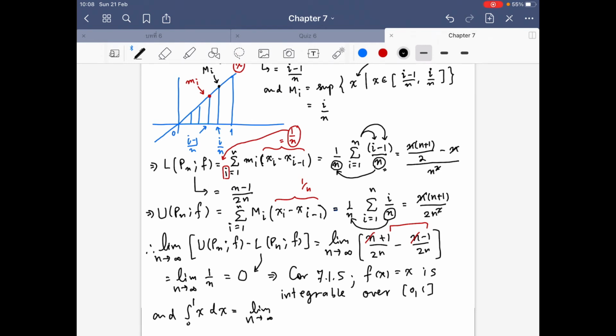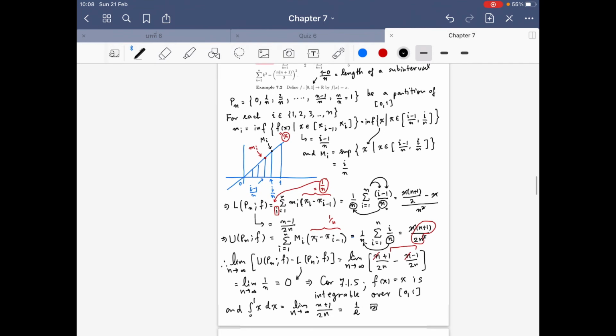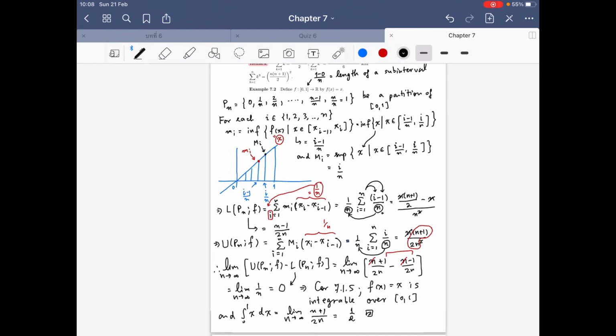Okay, so let me just use the limit of the upper sum here, which is n plus 1 over 2n, so you got 1 over 2. Okay, so this is the integration value of this function f(x) equals x. Okay, the identity function.